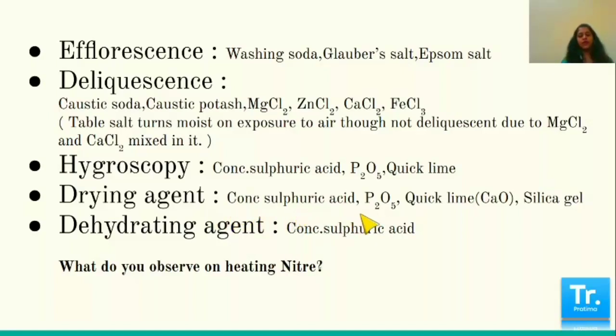So concentrated sulfuric acid, phosphorus pentoxide, quicklime, silica gel. Dehydrating, it will also absorb water from the substance, but it will chemically take it out, and the best example is concentrated sulfuric acid. I give you one more question here. What do you observe on heating nitre? Try to answer.